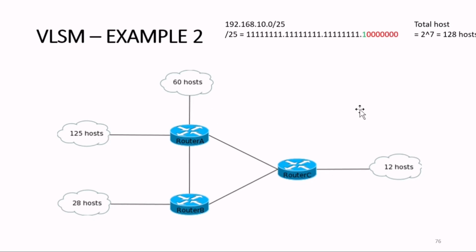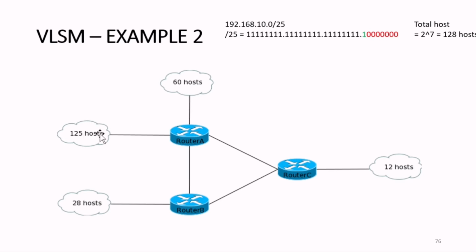So first, from this network, we need to identify which is the largest network here. This is the largest network, and the second one is this, and the third one is this, and the last one should be this one. So we start with the largest and continue downward.